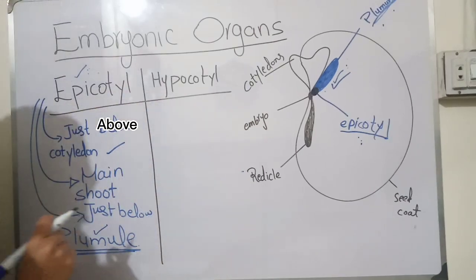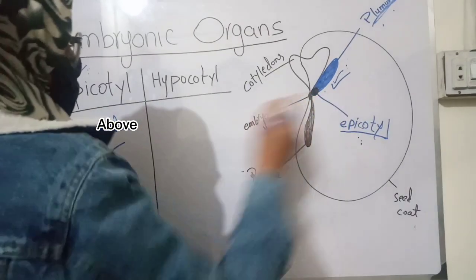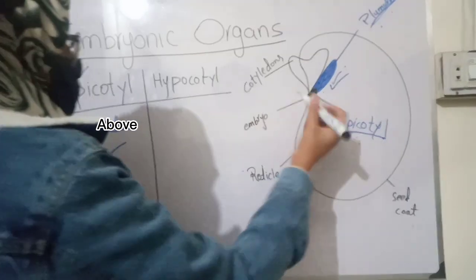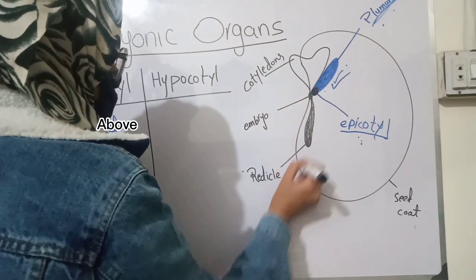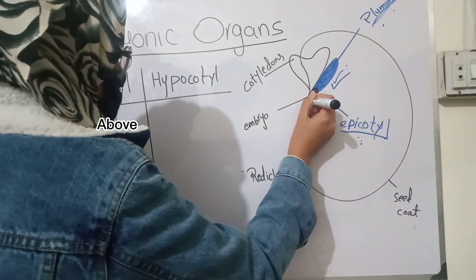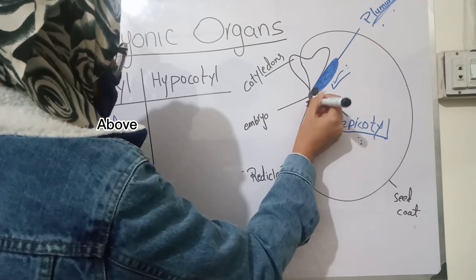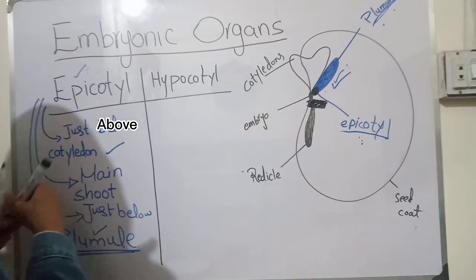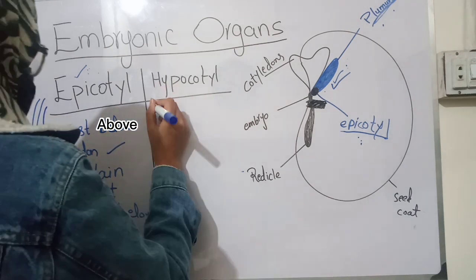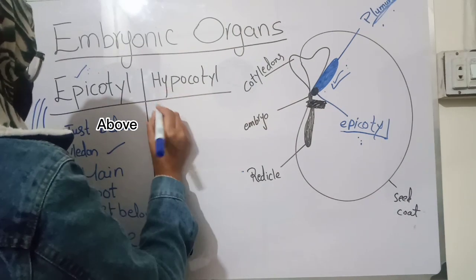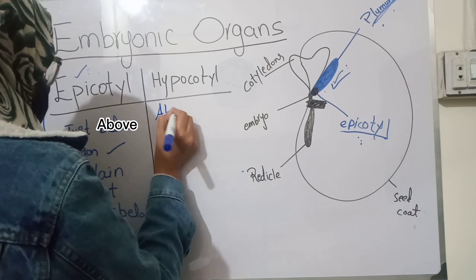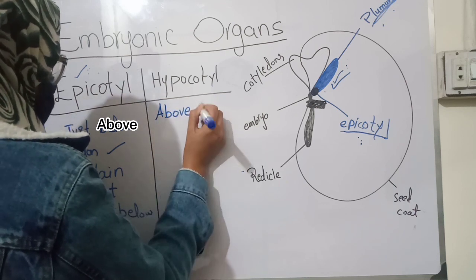Hypocotyl is present between the radicle and the cotyledon. So this is the hypocotyl, present above the radicle. What is the function of hypocotyl?